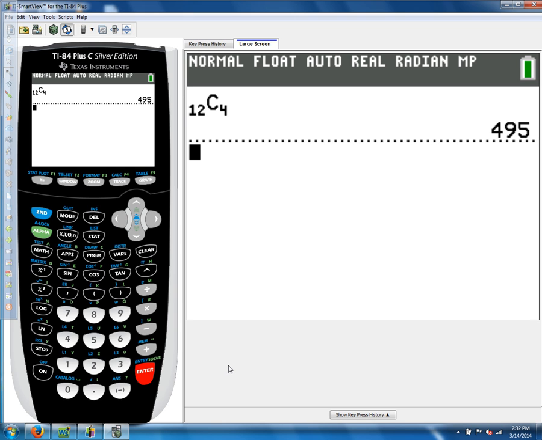You have to put 12 in first. 12 in first, and then you go to the probability menu. So before I go there, I hit 12, and then I go to the menu.